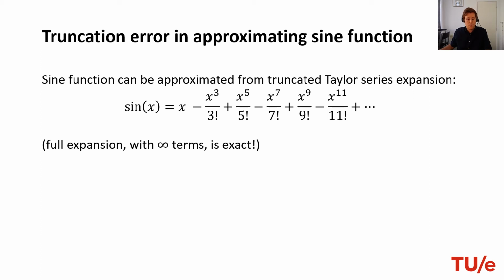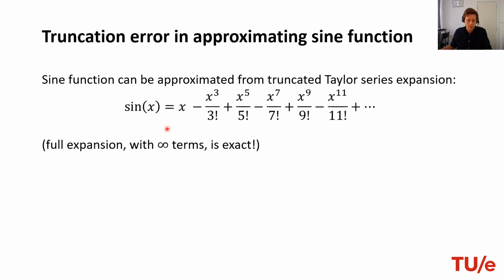Computers can easily calculate polynomials, so x's and powers of x's. Now, the Taylor series expansion of the sine function allows us to compute an approximation for this trigonometric function using an infinite series.